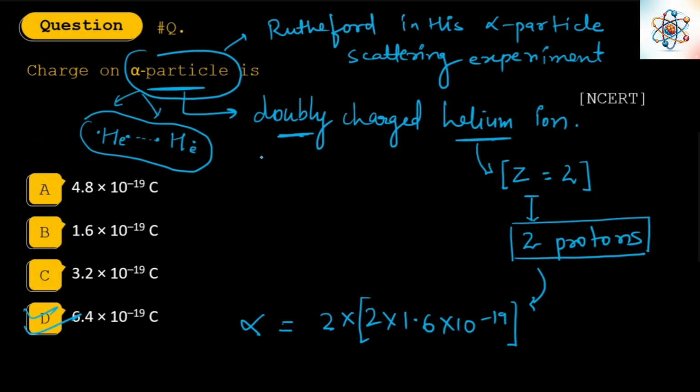So the structure says it is a doubly charged helium ion, and that is what an alpha particle is. So something which we have seen, we have given it that charge.